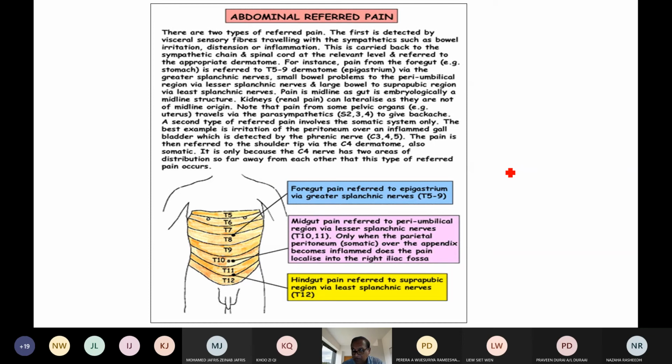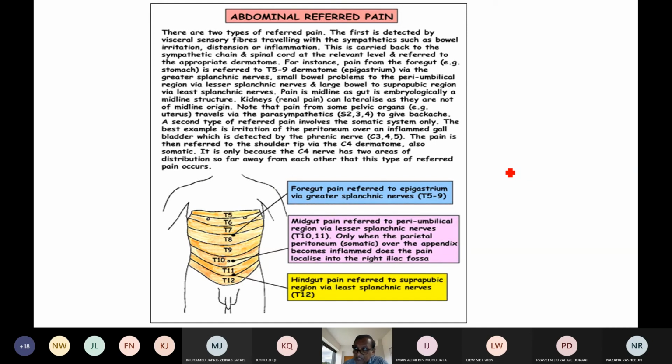The pain-carrying fiber of the appendix goes to the lesser splanchnic nerve. The lesser splanchnic nerve comes from T10. T10 also supplies the umbilicus, so the referred pain is at the umbilicus. This is one type of pain, generated from the visceral peritoneum. The same applies to the stomach and the colon.